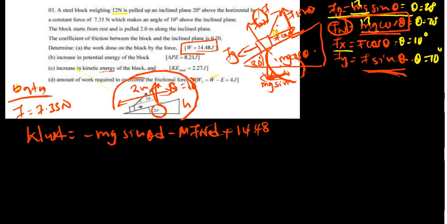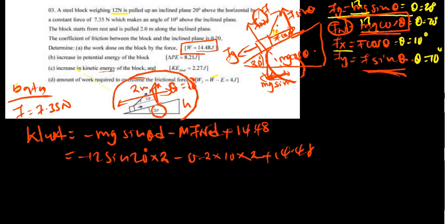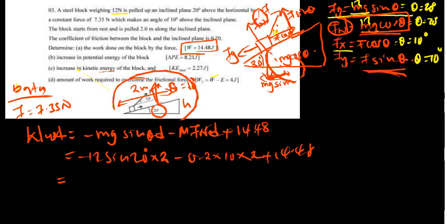Then now let's plug in the values. So this one we know it already is going to be negative 12 sine 20 degrees times the displacement, which is 2, minus the mu, which is 0.2, times the normal force, which is 10, times the displacement 2, plus 14.48. Now you can get your calculator and punch. Give me the answer.